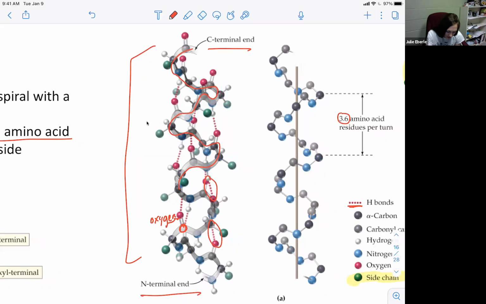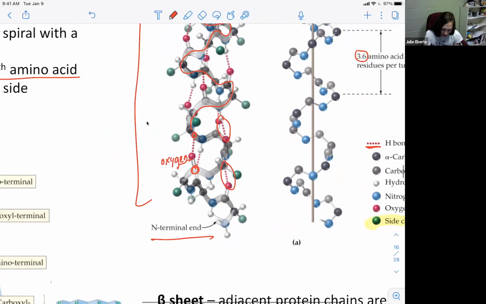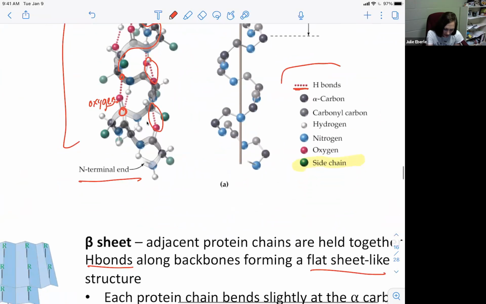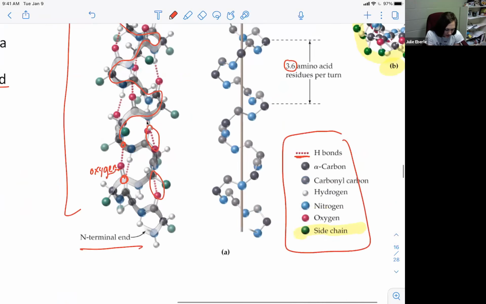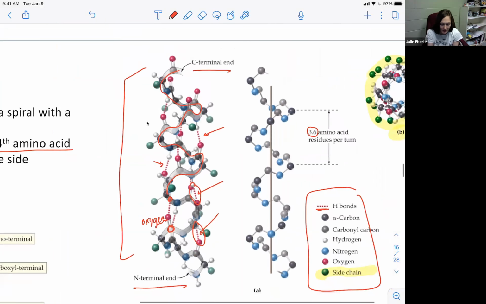So the oxygen here is interacting with a hydrogen bonded to a nitrogen. By the way, there's a whole key to tell you the color coding of each atom. If you take some time and look into this, you can see there's a whole bunch of red dotted lines holding alpha helices together. And these are all hydrogen bonds between just backbone atoms, okay?